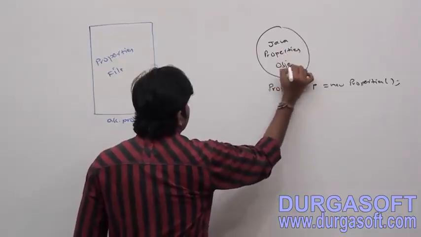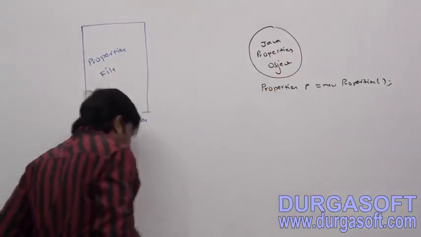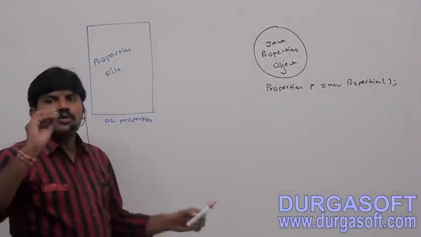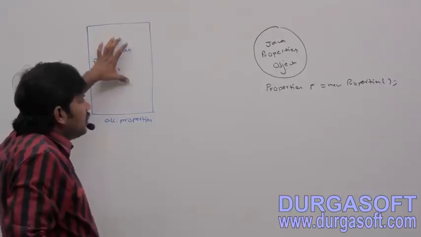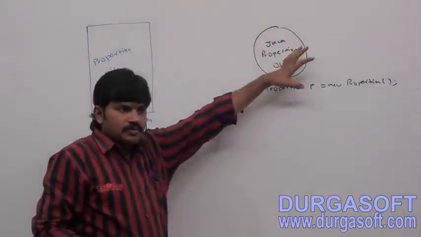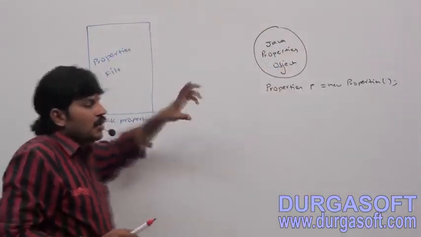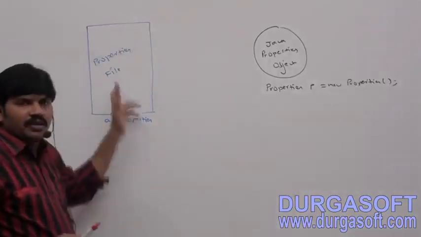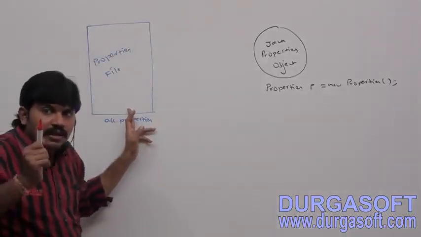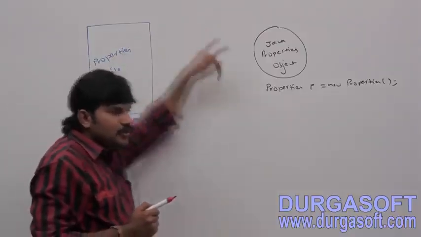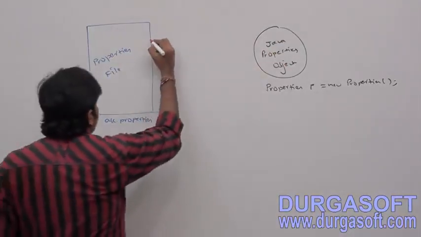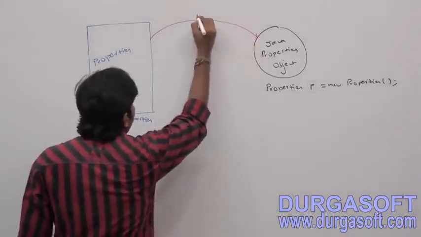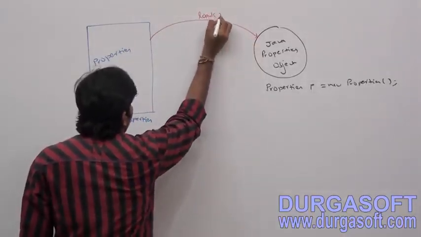My requirement is to load the properties from the properties file into the Java properties object. I have to load all the properties in the properties file. Which method do we use for that? Load is the method.